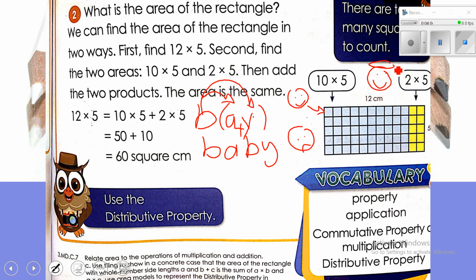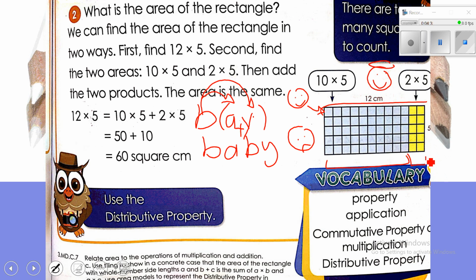So they decide together to divide this huge rectangle into 2 rectangles that are easy to color. So instead of drawing this huge rectangle, they make it into 2 rectangles. This is the first part, and this is the other part.